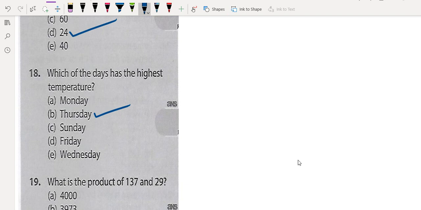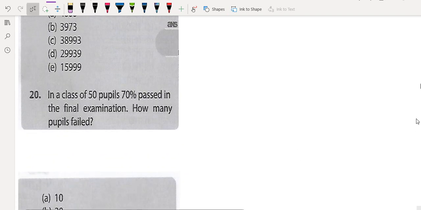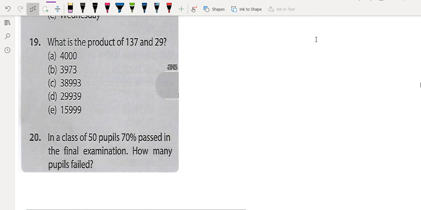Number 19, please. What is the product of 137 and 29? Solve. Simple question. Please, let's be faster.